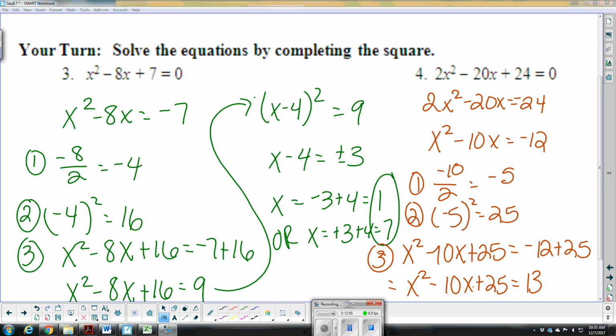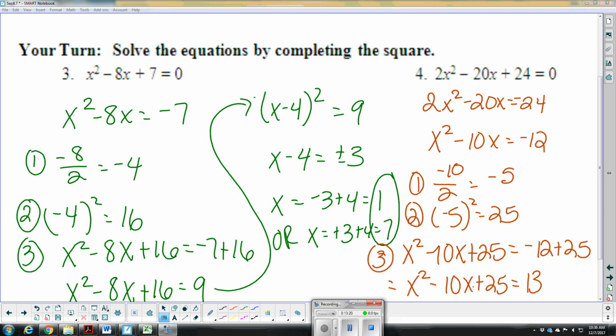All right, so your first few steps for the second problem are 2x squared minus 20x equals -24. Since 24 is not a perfect square, you need to move it to the other side of the equation. And then you end up with x squared minus 10x equals -12. So now you can find half of your coefficient in front of x, which ends up as -5.